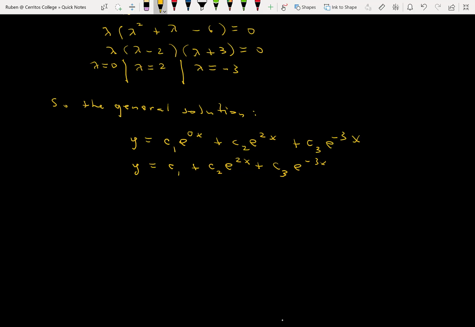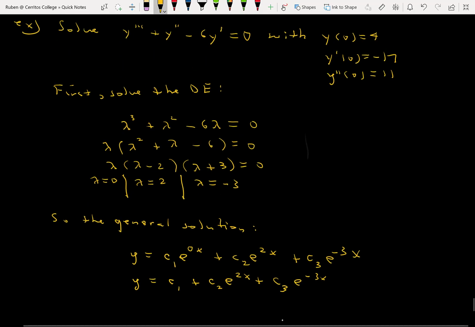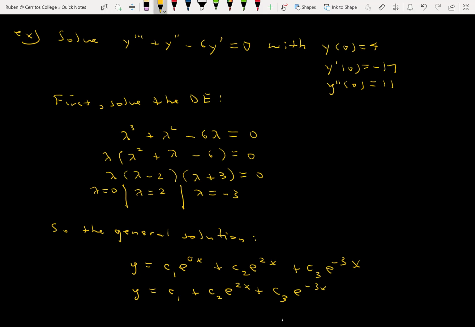Our particular solution is going to be the solution that corresponds to the three initial conditions: the function goes through the point 0, 4, the derivative at 0 is negative 17, and the second derivative at 0 is 11.